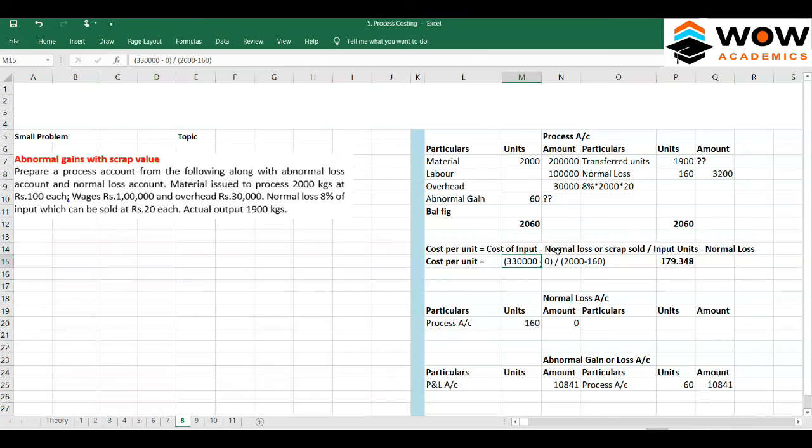So cost per unit would be, cost of input is 3 lakhs minus scrap value. Scrap value is 3,200. Then 2000 minus 160, all these are perfect. So let's get the answer. We got 177.6.